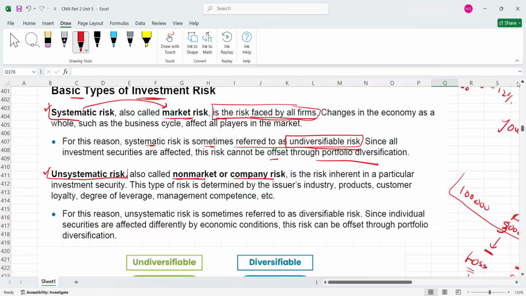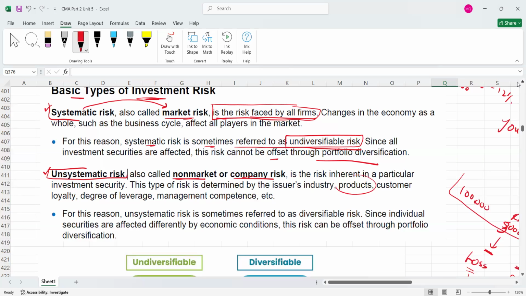So other examples of unsystematic risk, which is called company specific risk, also non-market risk. The first example I told you: this risk will affect only a specific company or specific sector, like if the government fixes a quota. Another example is what? This risk can be raised through the product.